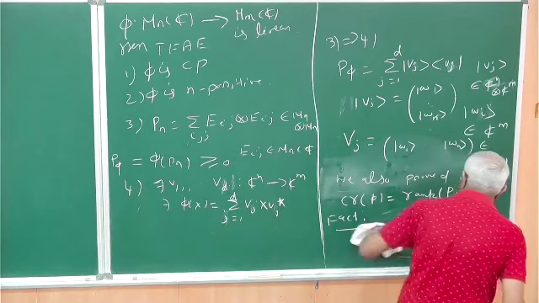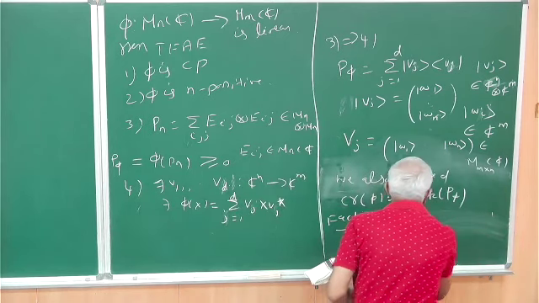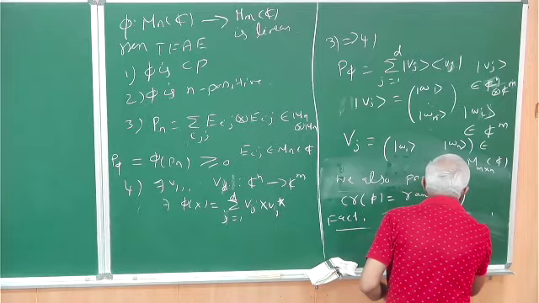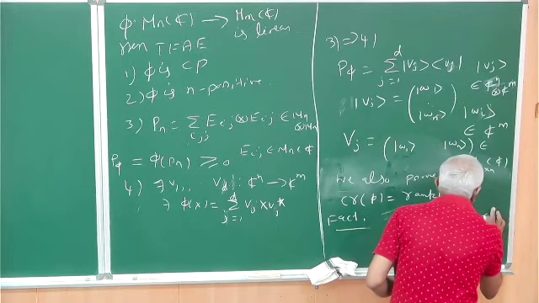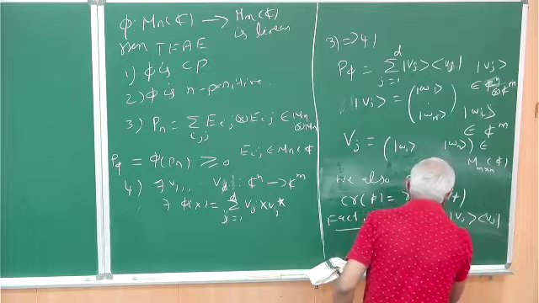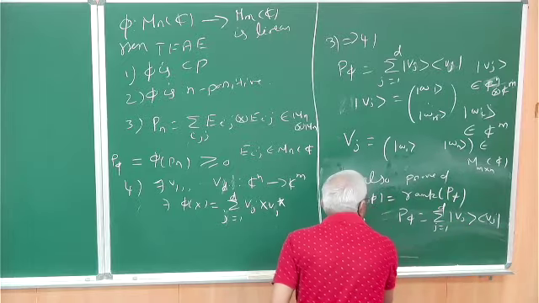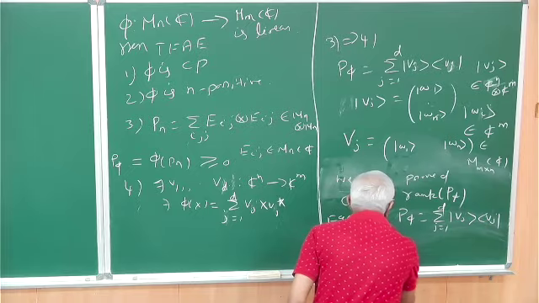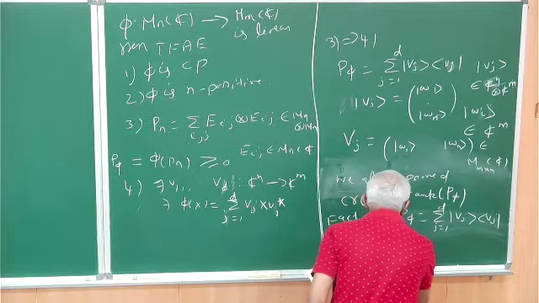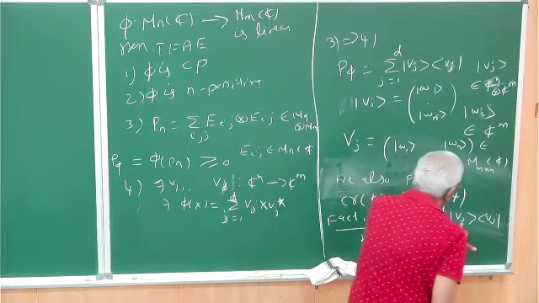This is the correspondence between them. If P phi looks like this, Vj, j equal to 1 to D, then the corresponding capital Vj.